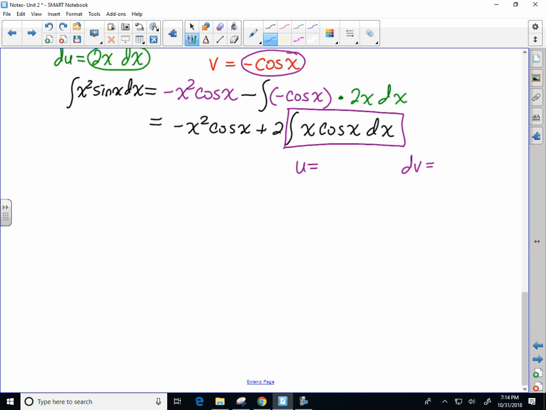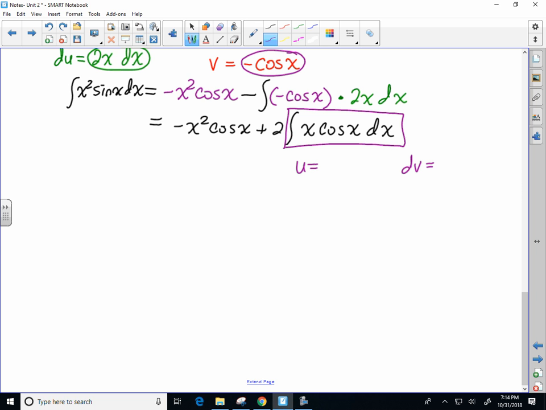And I know personally that there's potential for this to be the correct approach, because the power in my new integral, even though it's not anti-differentiable the way I have it, just like the first one wasn't, is a step in the right direction. The first one was a power of 2, this is a power of 1. Hey, maybe if I do it one more time, it'll be a power of 0 for the x, meaning the x will go away, and then I can take the antiderivative. If you assume that trend continues, and there's no reason to assume that it won't, then we could be in a pretty good spot here in a minute.